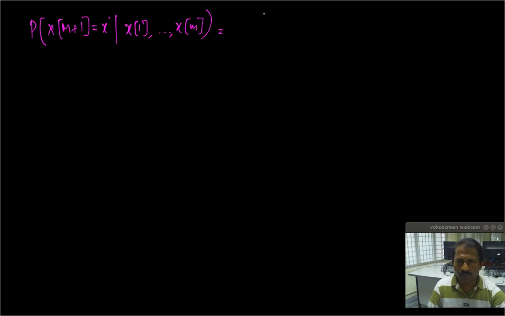so we have to write the normalization factor here. The normalization factor is nothing but the marginal distribution of the data.